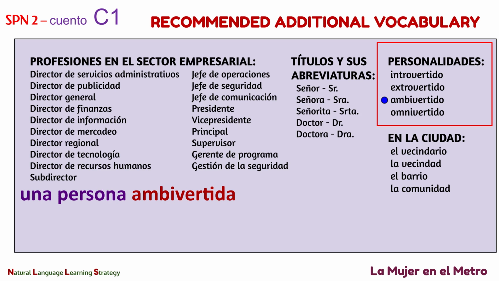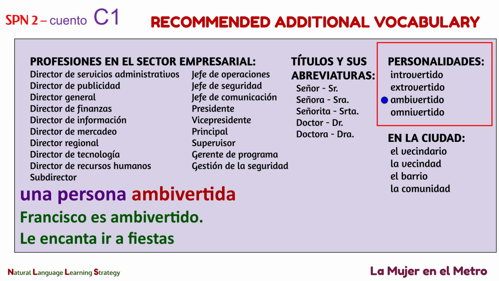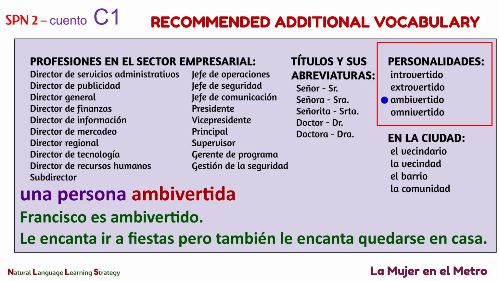Una persona ambivertida es una persona who is both introverted and extroverted equally. Francisco es ambivertido. Le encanta ir a fiestas, pero también le encanta quedarse en casa. Francisco is ambiverted. He loves to go to parties, but he also loves to stay at home.